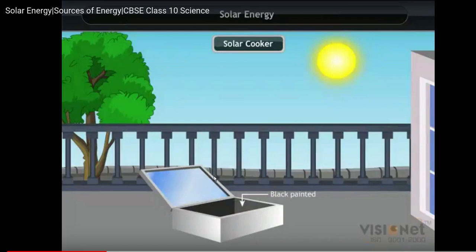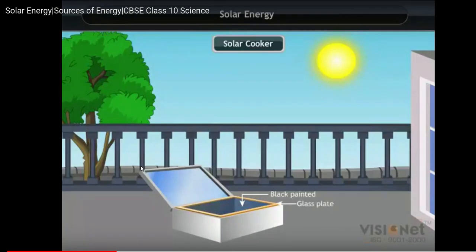It's basically a box which is painted black, because black absorbs all the heat, and we place a glass plate on top of it. We also keep a mirror. We tilt it so that all of the sun rays which fall on the mirror reflect and fall into the box.